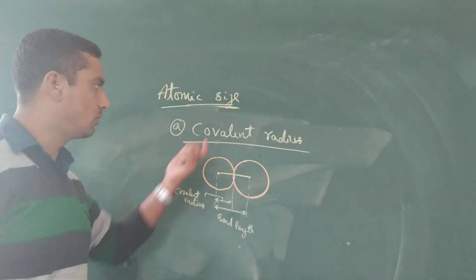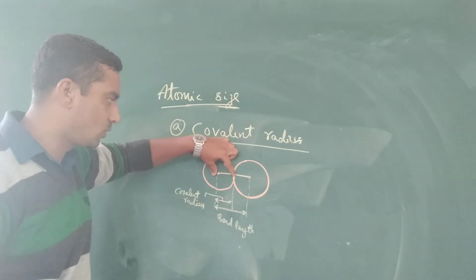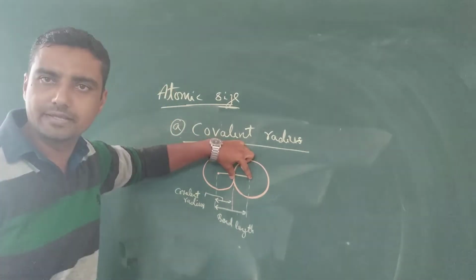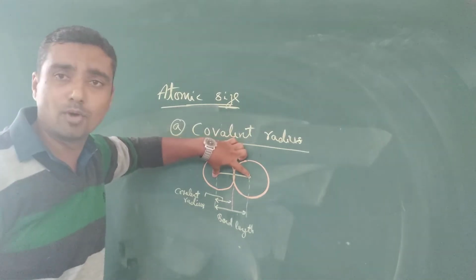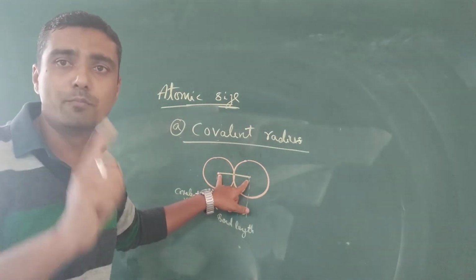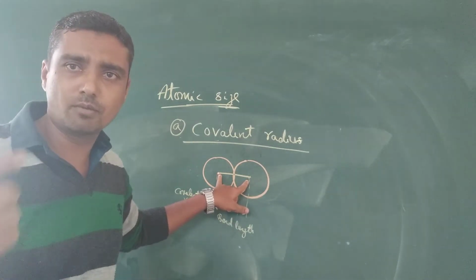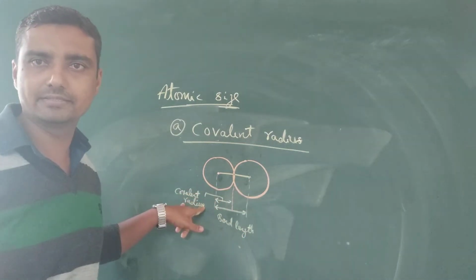Understood? So what do you mean by covalent radius? Here this is one half, this is one covalent radius, and this is one more covalent radius. We can easily measure the bond length of a molecule, and half of the bond length gives us the covalent radius.